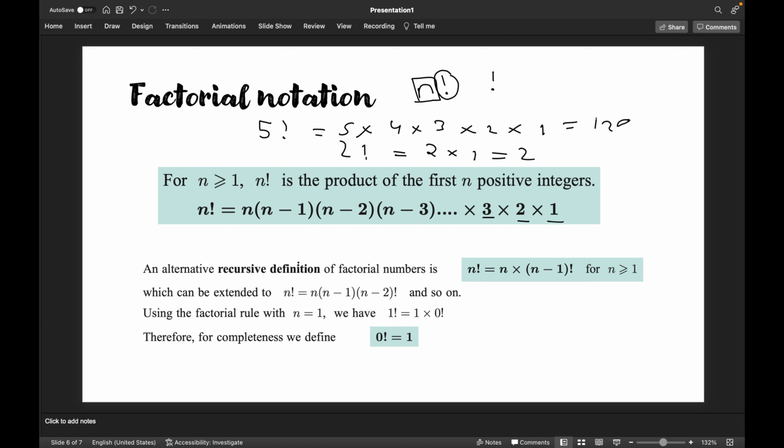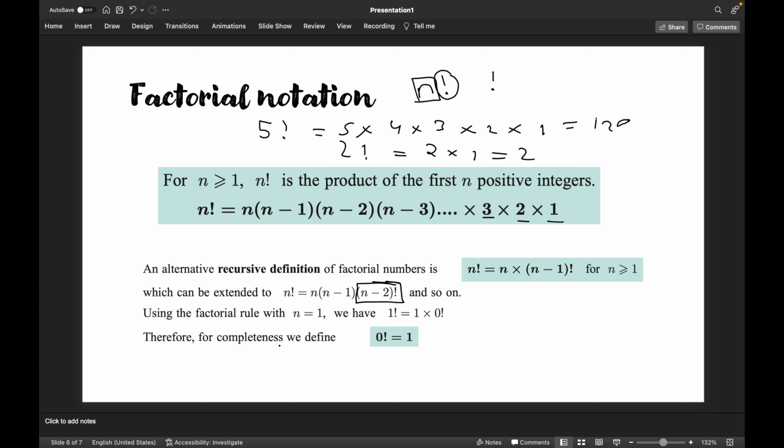So an alternative recursive definition of factorial numbers, which can be extended, is n factorial equals to n into n minus 1 into n minus 2 factorial. This is important, and so on. Using the factorial rule with n equals to 1, we have 1 factorial equals to 1 into 0 factorial.